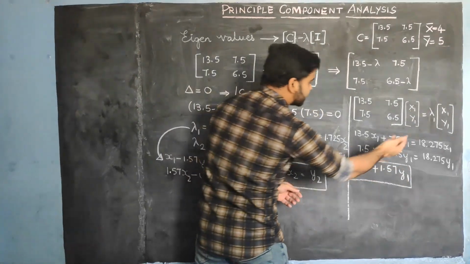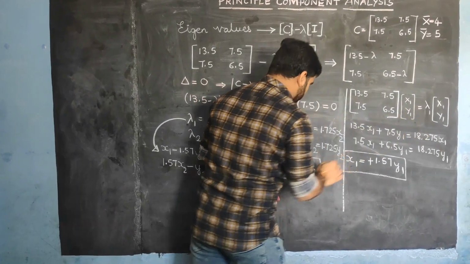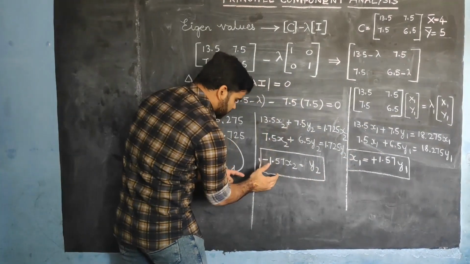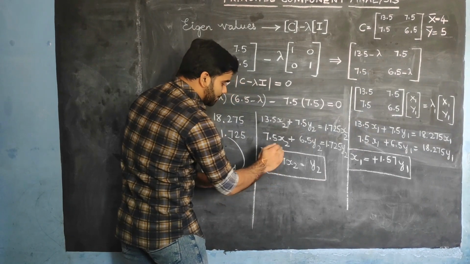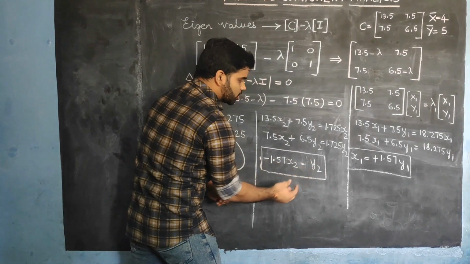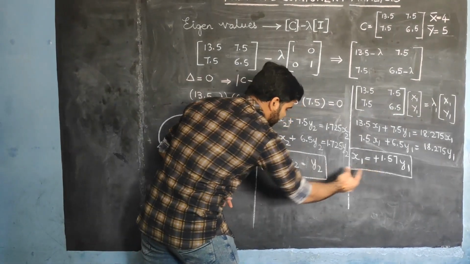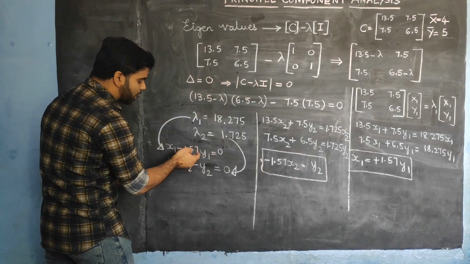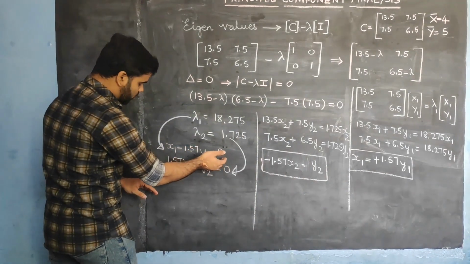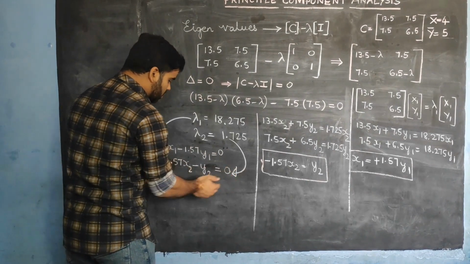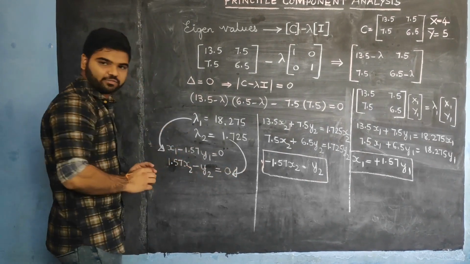Similarly, by replacing lambda 1 with lambda 2, we get two equations. On solving these, we get minus 1.57 times x2 is equal to y2. So these two are the eigenvectors: x1 minus 1.57 y1 equal to 0 and 1.57 x2 minus y2 equal to 0.